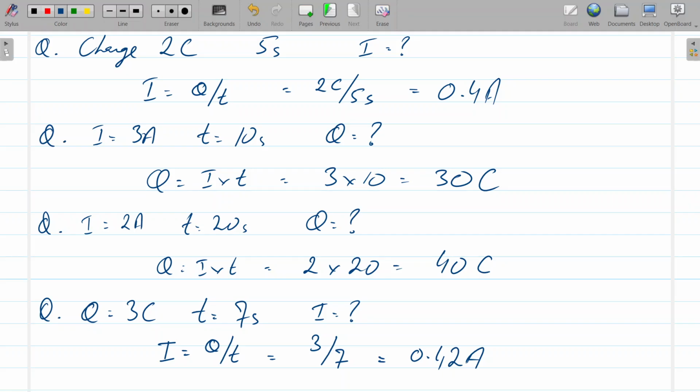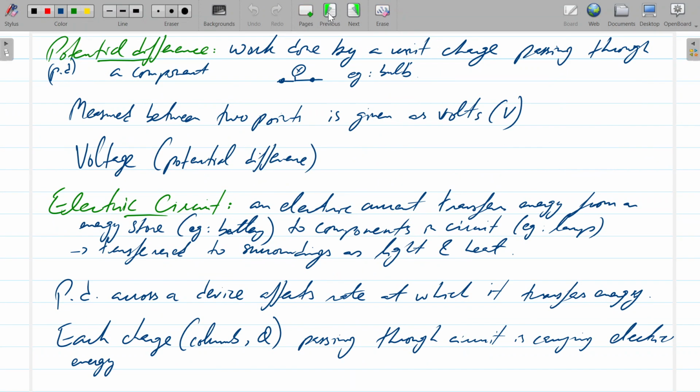Okay, so these were some questions regarding the ampere and the coulomb. Now let's move on and talk about the other thing we did yesterday, which was potential difference and electromotive force. Let's first take a look at the equations for that.